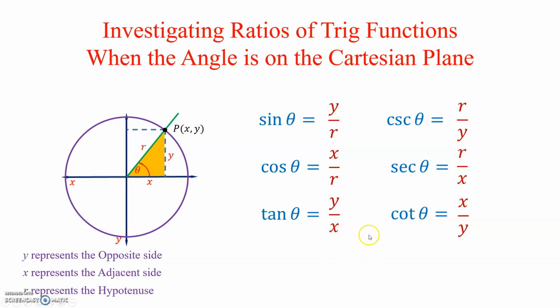Now there's one caveat here. Because we are working with these three variables, x, y, and r, x and y do represent coordinates. So x and y can't both be 0. Because if they both were 0, we'd have the ordered pair 0, comma 0, which puts us at the origin.